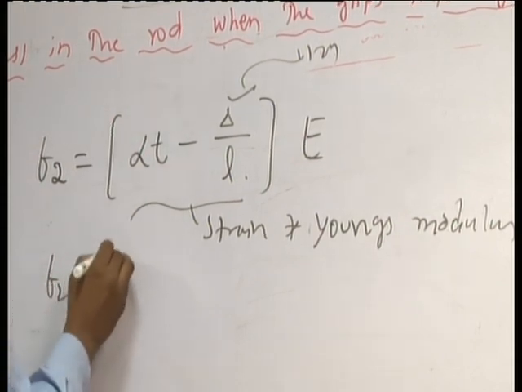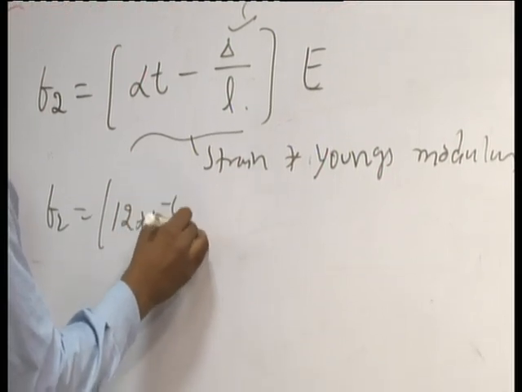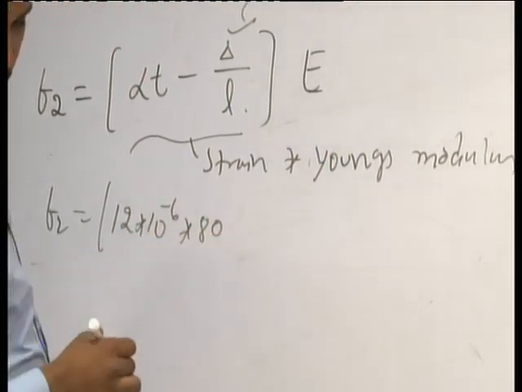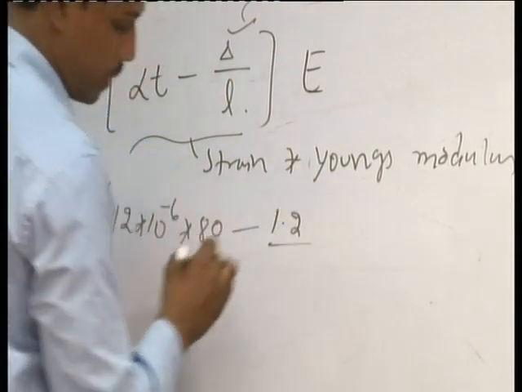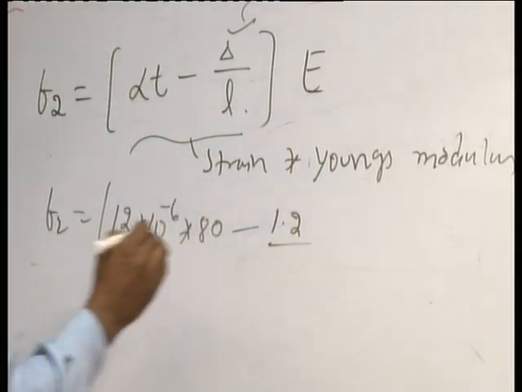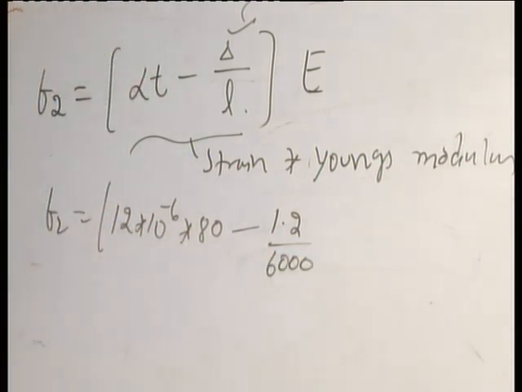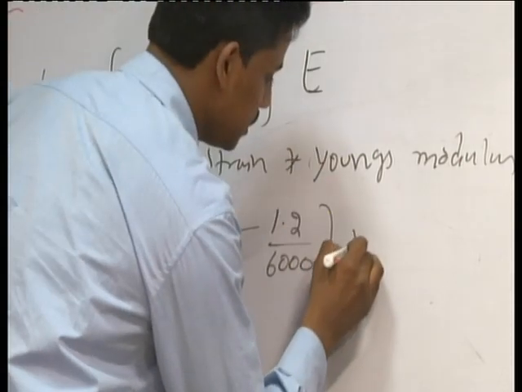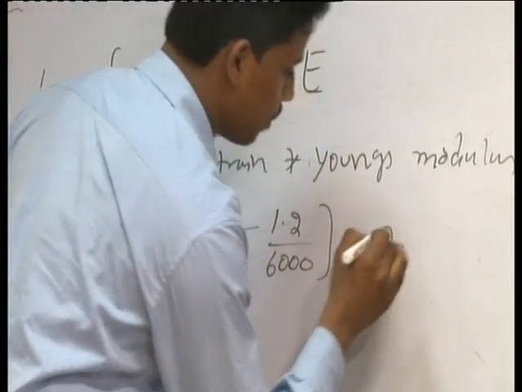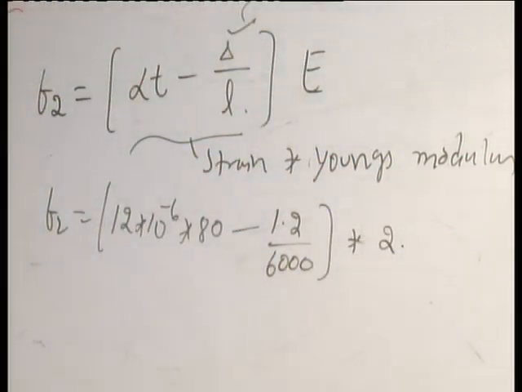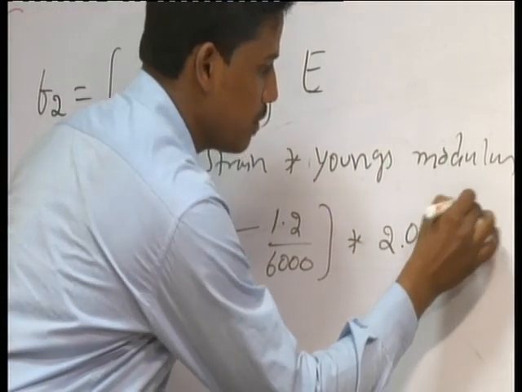So F2 is equal to alpha is 12 into 10 to the power of minus 6, into falling temperature 80 minus 1.2, and length is given as 60 meters, into Young's modulus ES, 2.0 into 10 to the power of 5.